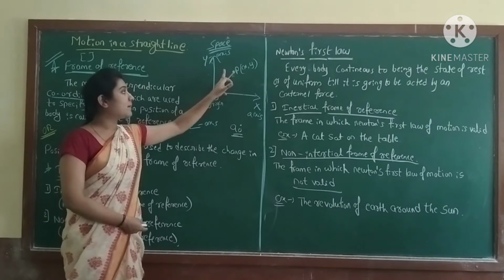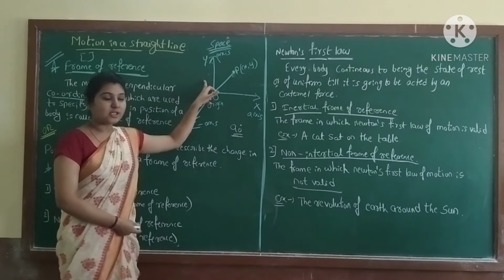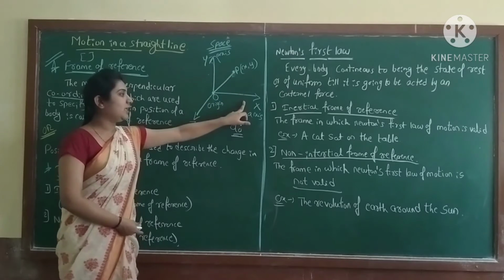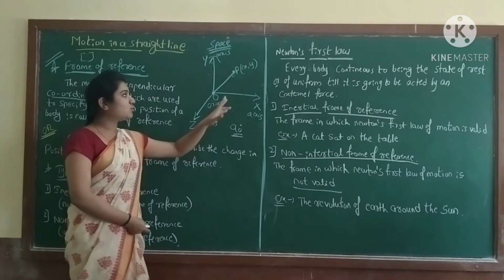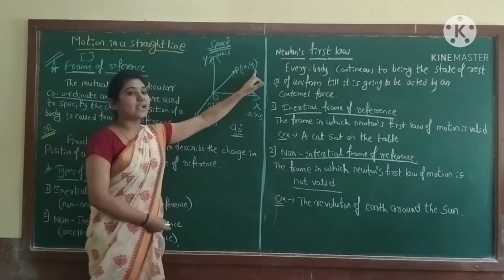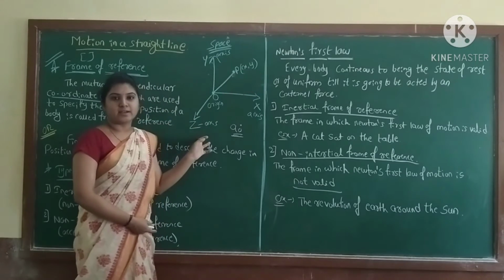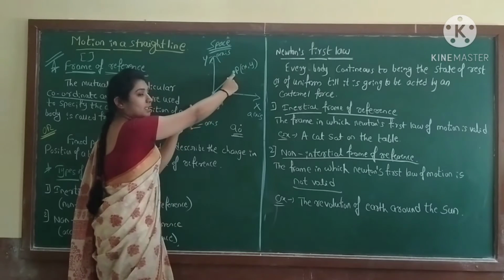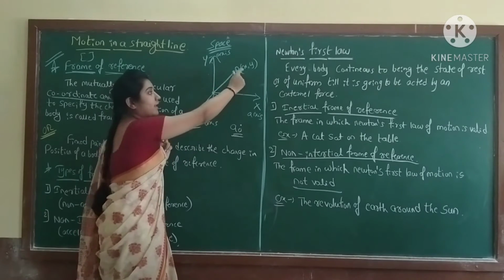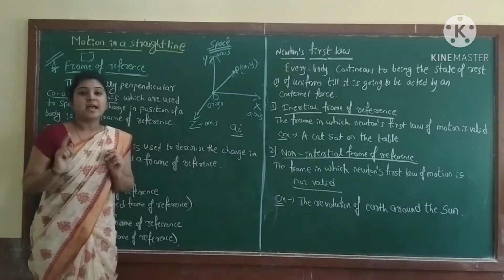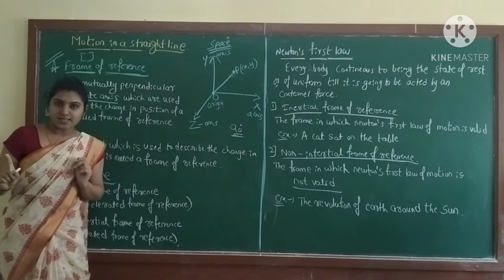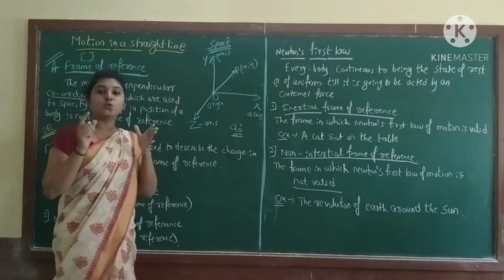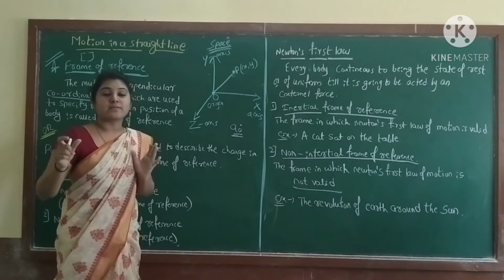Here you are perpendicular to the y position and you are perpendicular to the x position. That's why I wrote here both x and y, but not z. Why? Because you are at this position, not here and here. Understood? That's why I only considered x and y. Like this, we have to denote the frame of reference.